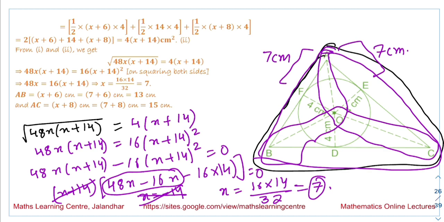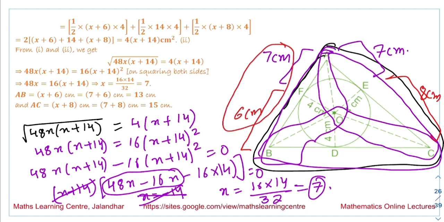The value of FB is 6 centimeter, and the value of EC is 8 centimeter. So the total length of this side comes out to be 13 centimeter, and for this side it comes out to be 15 centimeters. These are the lengths AB and AC.